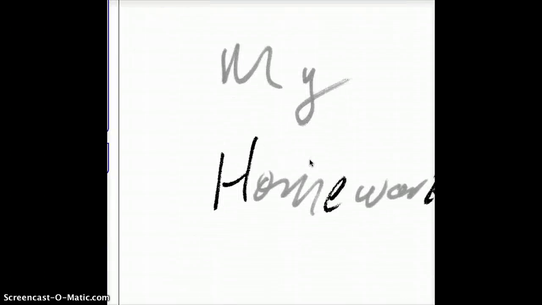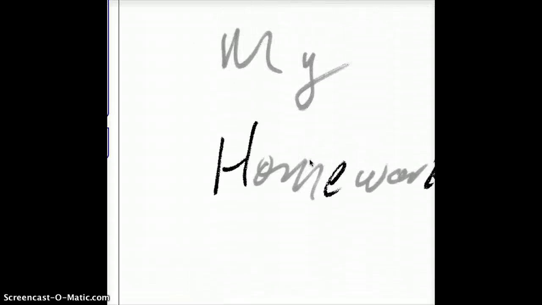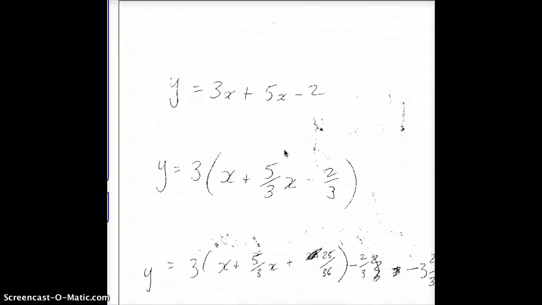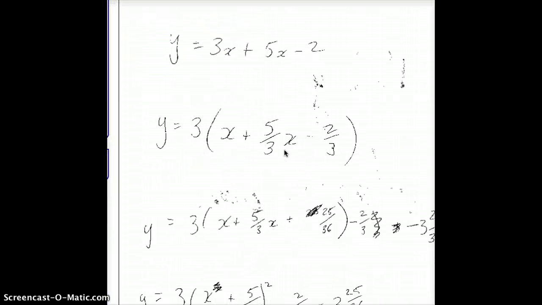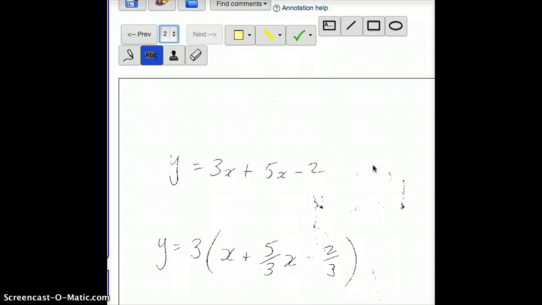So you can see this is the document I've scanned in from the photocopier. Right now I'm looking at page 1. I can actually open that up and go to page 2, and you can see my very messy math work here. And as a teacher, you might want to say, okay, let's put a checkbox right there just so that the student knows that it's right.